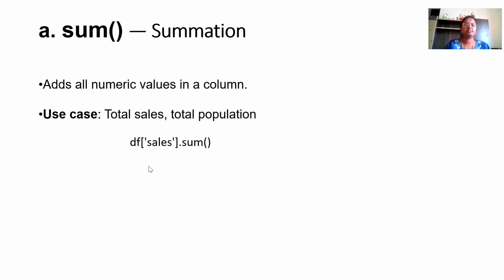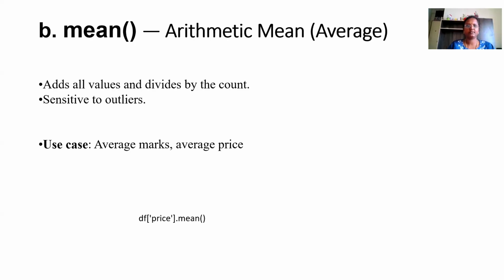The syntax for this summation function is df of sales dot sum. It means that whatever data you have in the sales column, all the values will be added. That is called the summation aggregate function. If you want to sum up all the values available in a particular data set, you can apply the summation aggregate function.